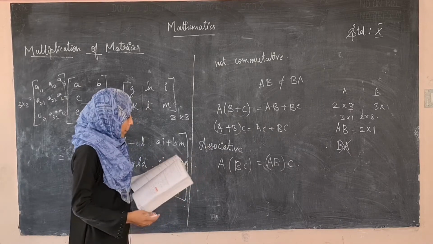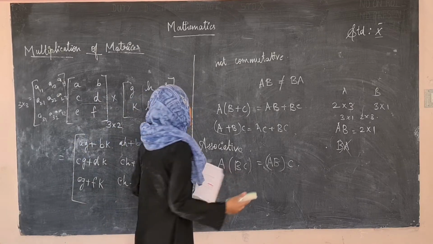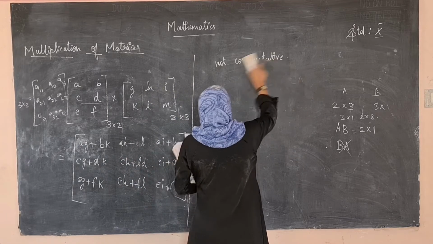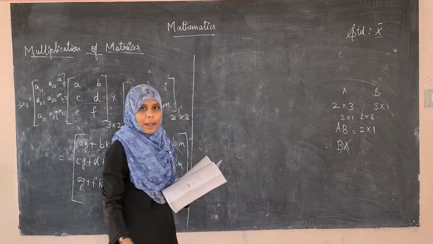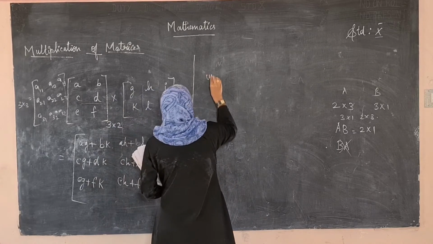Okay, so unit element. What is a unit matrix? We have seen in the last class. In a square matrix, if all the diagonal elements are 1, it is called the unit matrix.